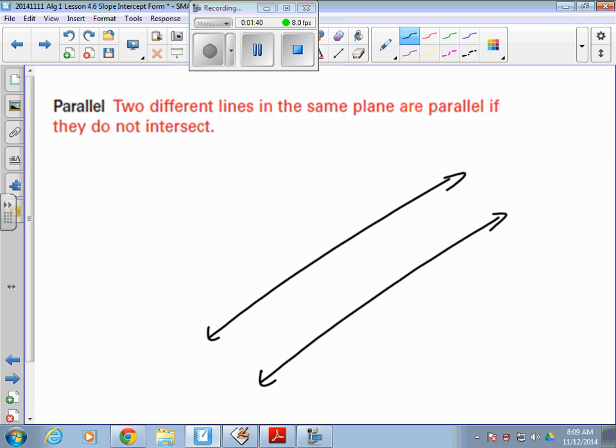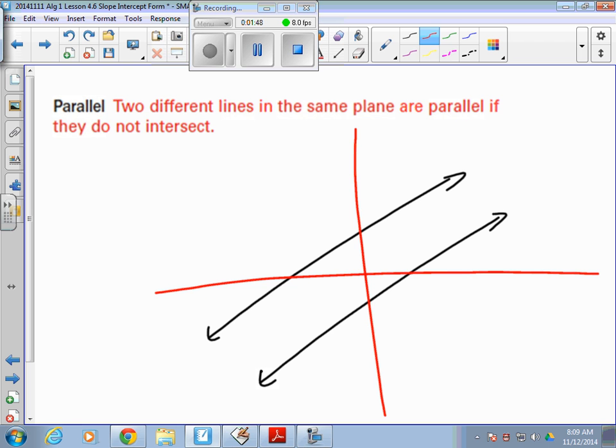What you have to understand about parallel lines right now, though, is if both of those lines are graphed on the same plane, since they're parallel, if you check the slope of one line, it's going to go up a certain amount and over a certain amount. Let's say in this example its slope is 1. It goes up 1 and over 1.